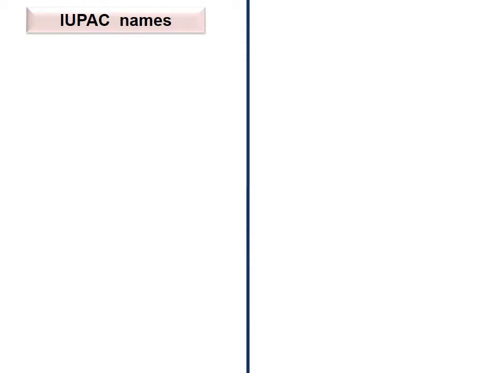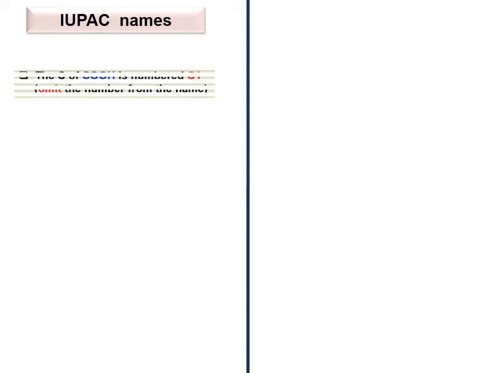So as usual, what you need to do is find the longest carbon chain that contains the COOH group. Here, the COOH group must be numbered as C1, always at carbon number 1. So that's why we omit the number from the name.